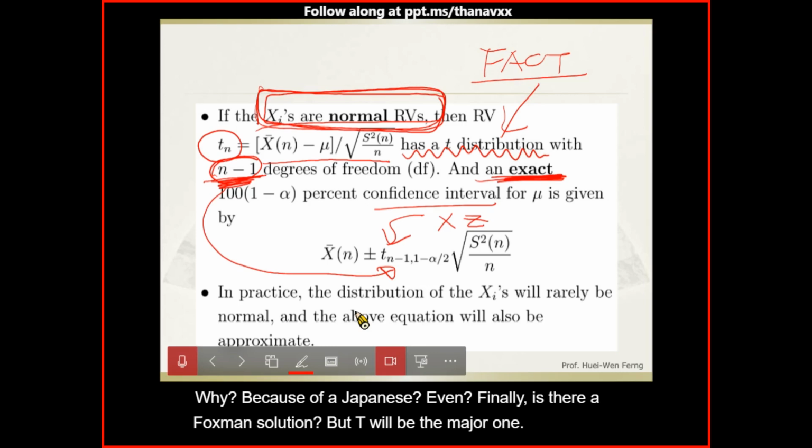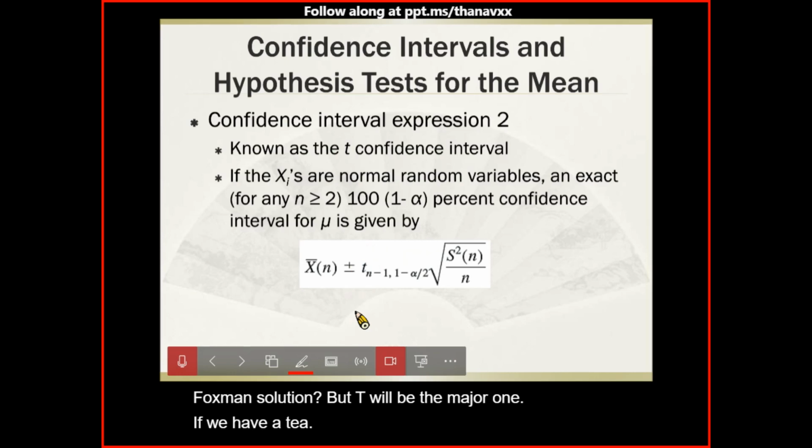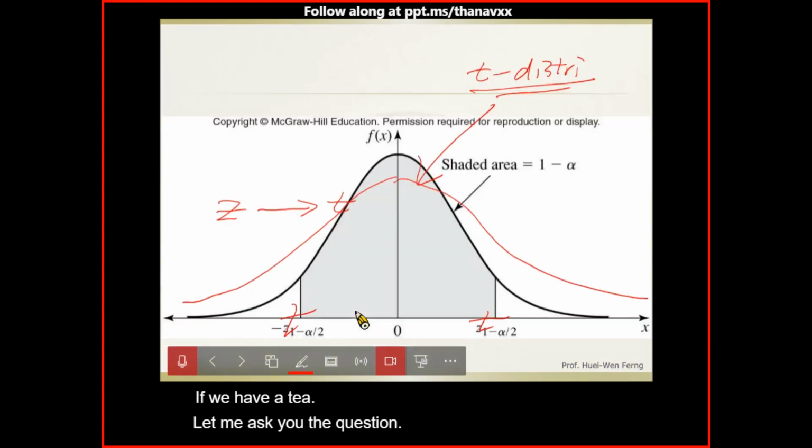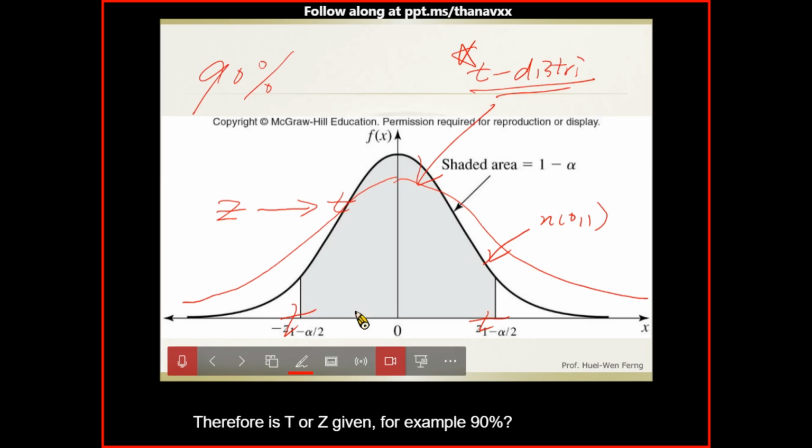If we have a T, let me ask you a question. If we have standard normal, and also a T distribution, and we use T or Z given, for example, 90%, which interval will be wider?